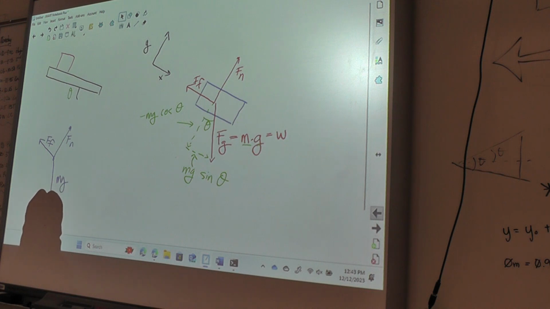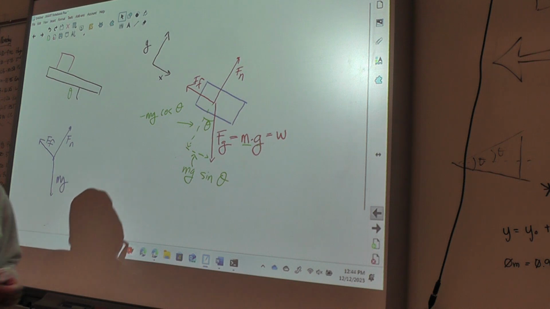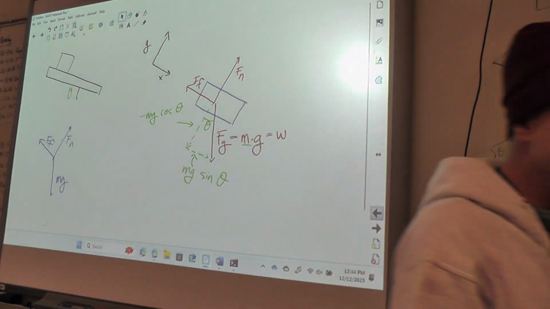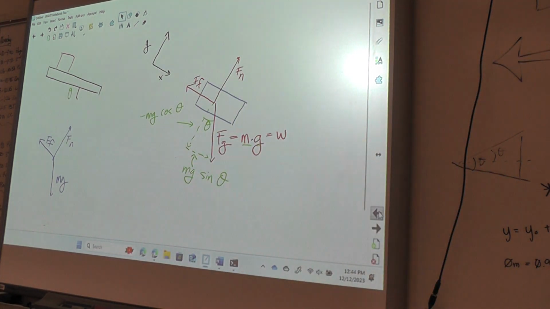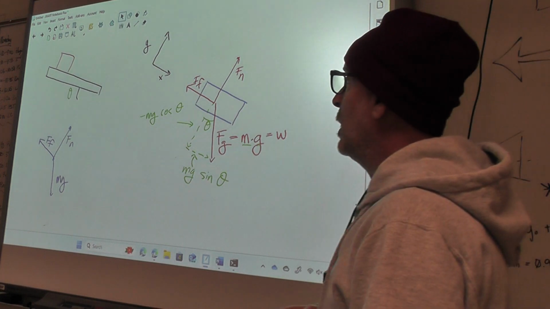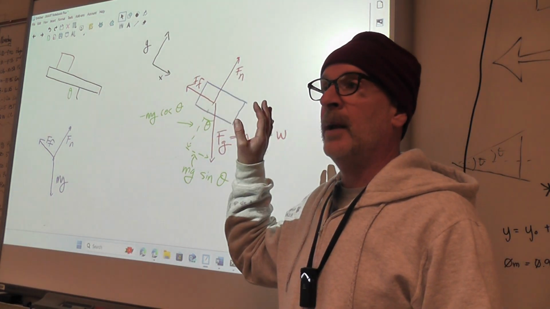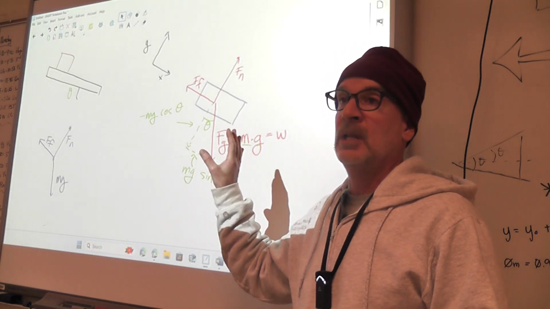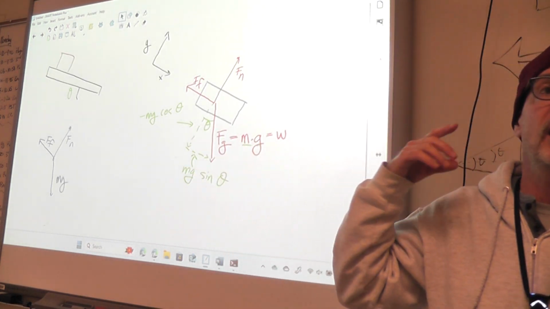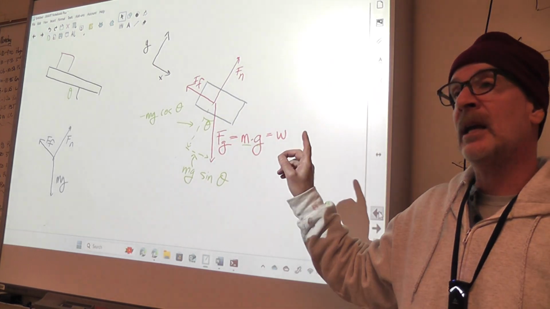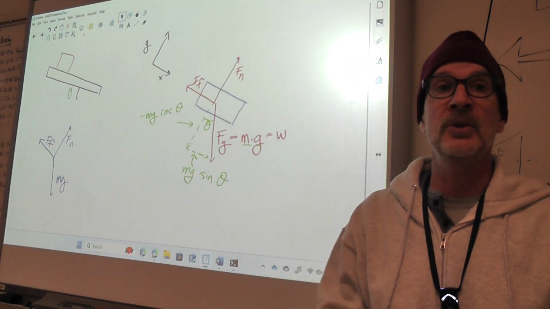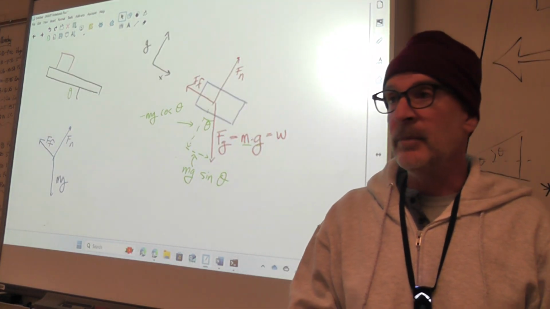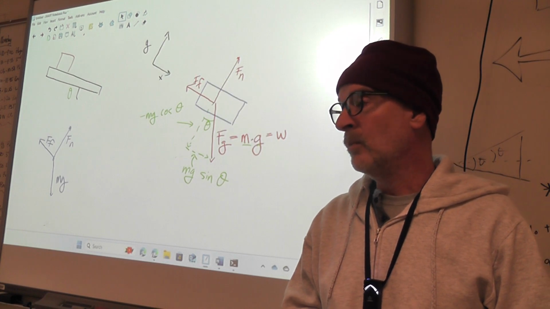And so what I'm hoping is that by the end of the period, we can amass at least most of the data that we need so that on Thursday, we can start calculating actual magnitudes of forces of friction. All right, any questions before you get rolling?